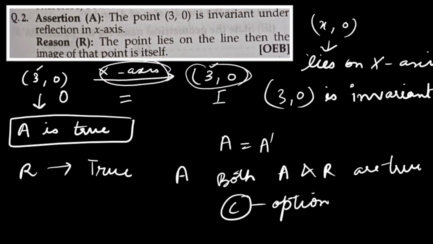Let's do the next question now. Question number 3. So the assertion statement you have to see here. After reflection in the y-axis, the point x, y becomes, so it says after reflection, one point is there, x, y, in general. When the reflection is happening in the y-axis, it will change to minus x comma y. That's what is given to us.